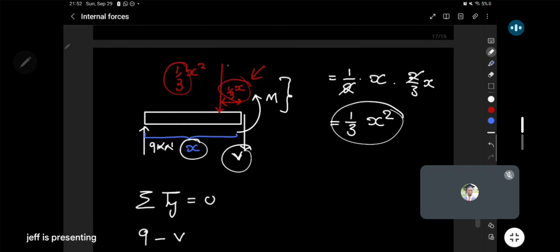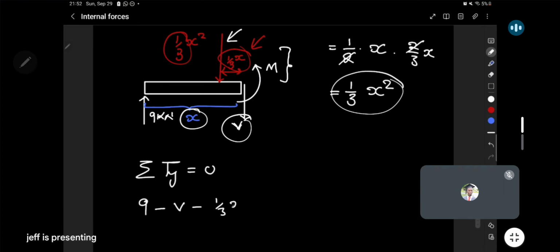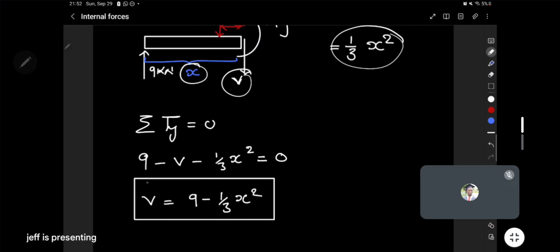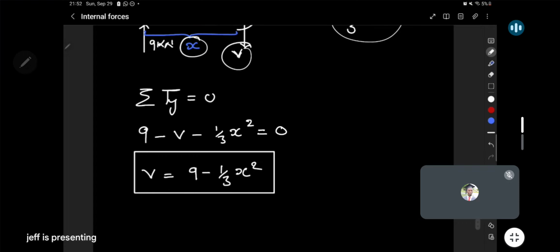And the concentrated load also goes down, so you have minus 1 over 3 x squared. They are the only two, so this is equal to 0. We make the shear force the subject, and it goes to the right. We now have V equals 9 minus 1 over 3 x squared. This is now our expression for the shear force. But what does this represent? This represents a quadratic equation.